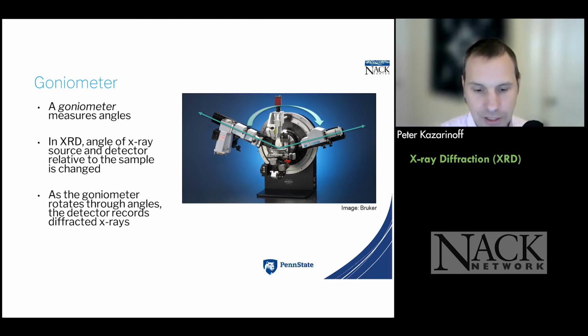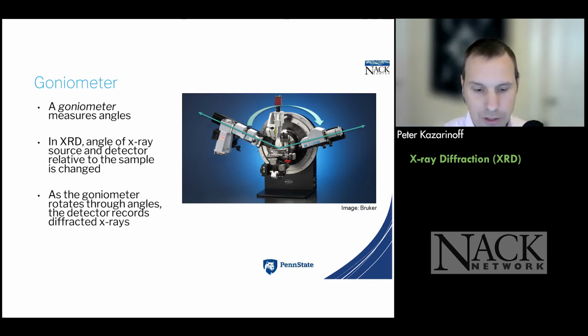And in XRD, the angle of the X-ray source and the angle of the detector is changed relative to the sample stage. Some goniometers keep either the X-ray source or the detector static and move the sample stage and the other piece of equipment, but many XRD diffractometers move the X-ray source and move the detector.